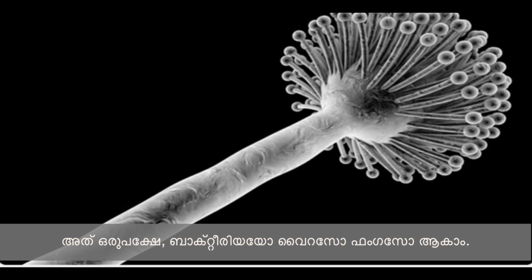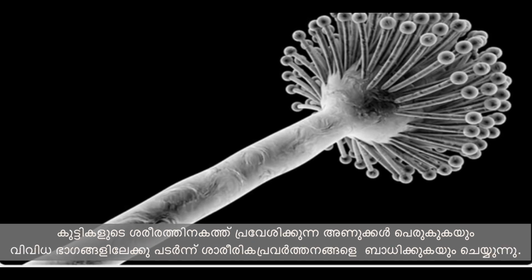Today I am talking about infection in children during cancer treatment. First, I will talk about what is infection. By definition, infection means entry of germs. It can be bacteria, virus or fungus into your child's body where they multiply and spread all over the body and affect body function.